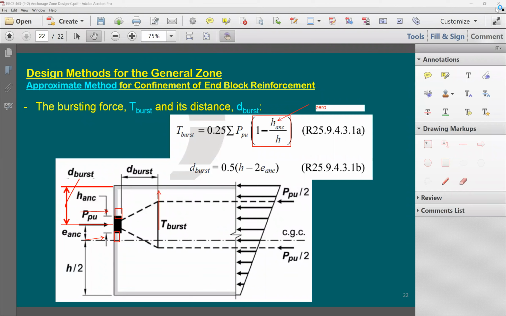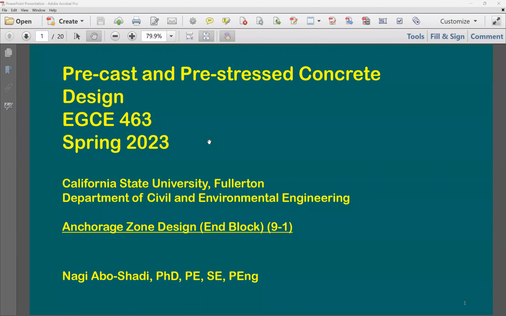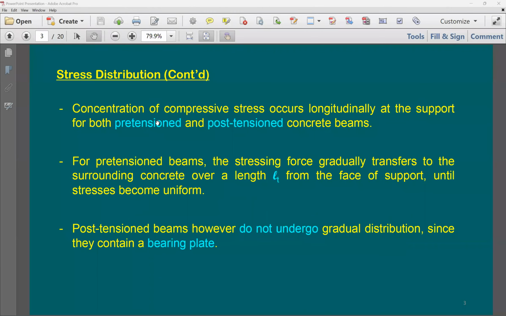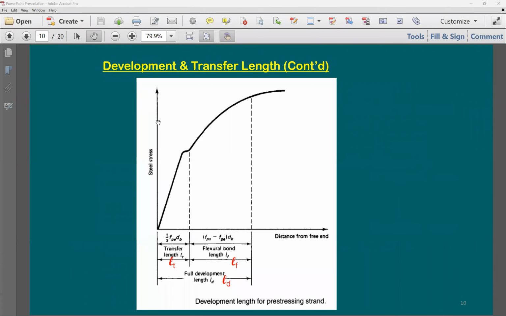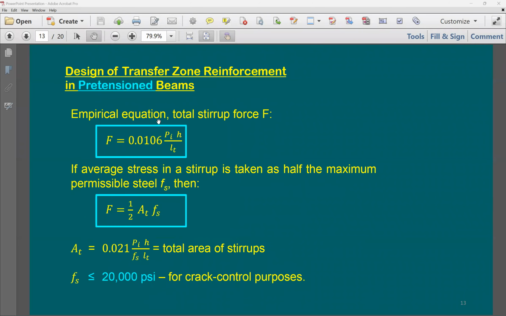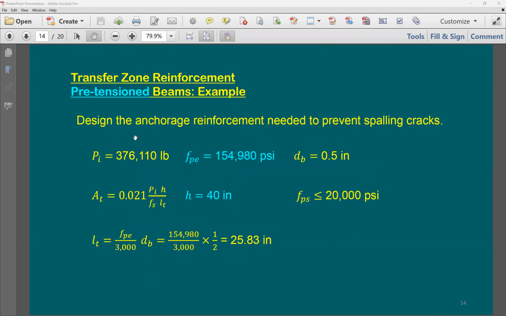In recollection, rough estimate? Here's the one that we have done for pre-tension, slide set 9-1. Let's see what was the approximate value that we have used. How much was it? Can you guys read this quickly?